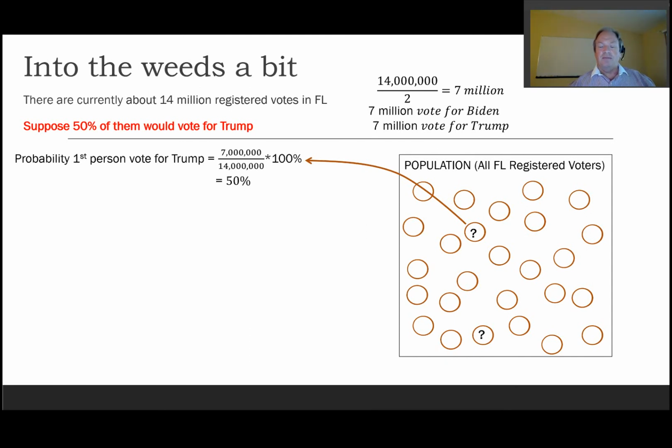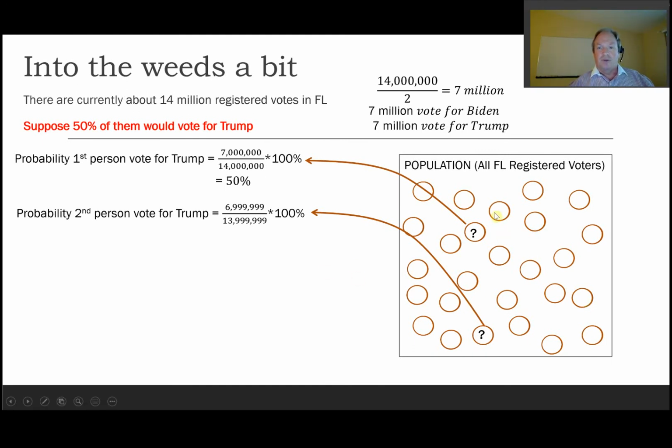Now, let's suppose that they do vote for Trump. So now things have changed a little bit. When I pick the second voter and I ask, are you going to vote for Trump? Notice I have one less Trump voter, and I have one less than the whole population.